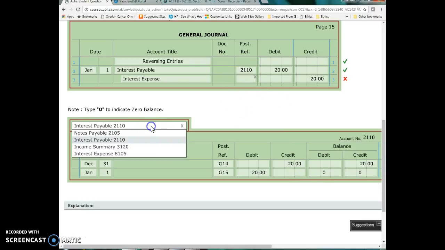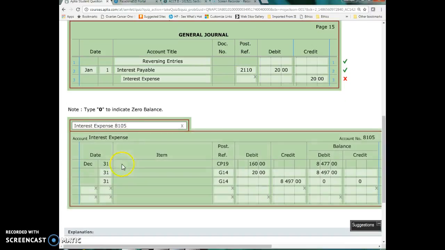And then interest expense. January 1st. G15. Interest expense is credited. From 0 gives me a $20 credit balance. 8105 coming from there. Remember, push pause anytime.